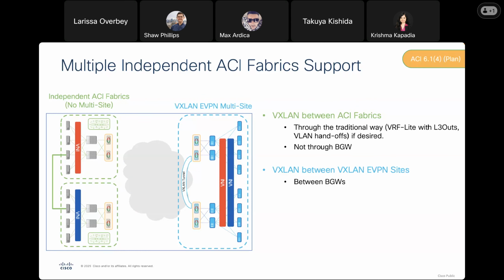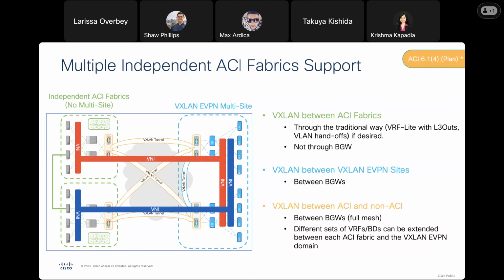They communicate if needed through the VRF Lite or the L3 out or VLAN handoffs. But then when we extend those independent ACI fabric VNIs over to NXOS VXLAN, we'll be able to do that through that border gateway.